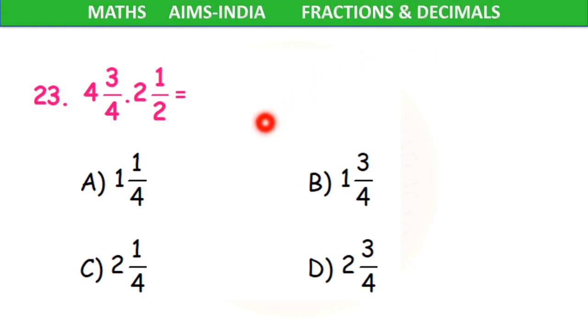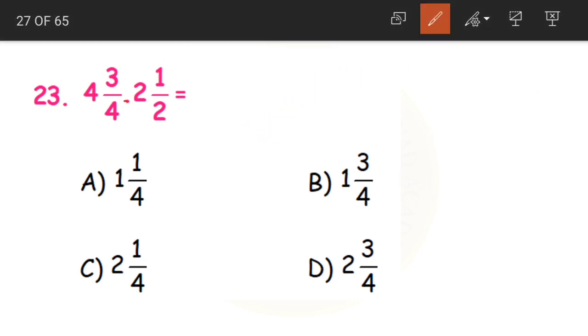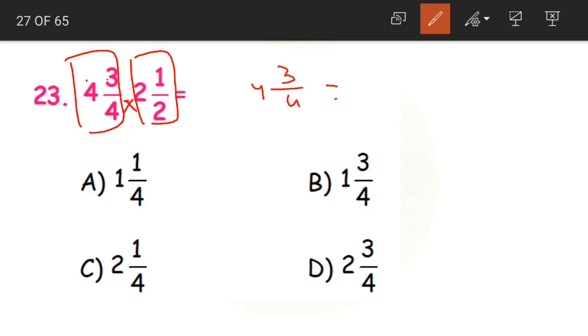Next question. 4 3 by 4 into 2 1 by 2. Here the dot is again nothing but our multiplication. Now how to multiply these two mixed fractions? First we have to convert them into improper fractions. The first one is 4 3 by 4. How do we convert, children?